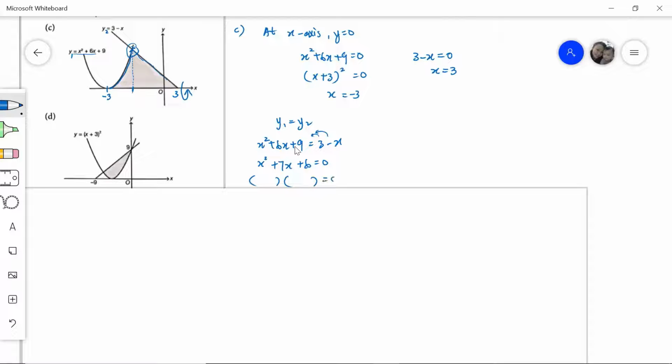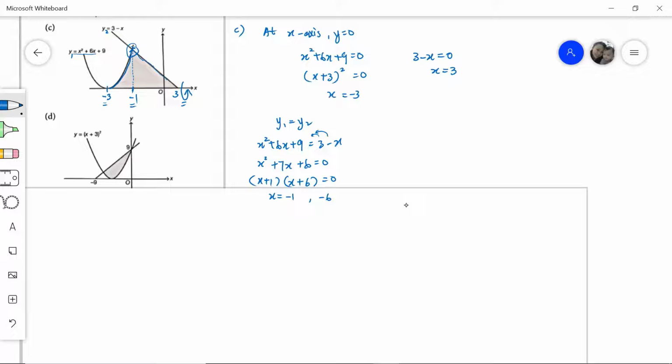Therefore, when we factorize this, we will have (x plus 1)(x plus 6). Therefore, x equals -1 or -6. Now over here, -1 is the answer because -6 will be on the left side of the -3. So over here, we already got the x values on the x-axis.